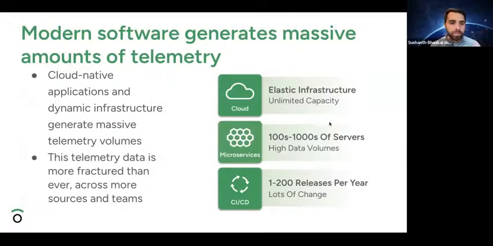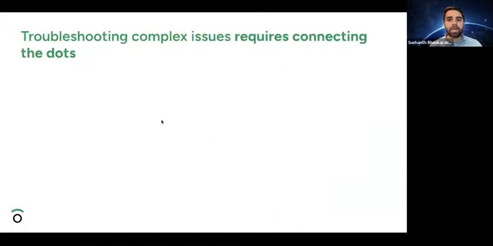And a challenge we hear from a lot of teams is that the telemetry data we need to be able to observe is more fractured than ever. It's fractured across different data sources, different teams. And this is one of the problems that Observe was originally founded to tackle. We also know that troubleshooting complex issues requires connecting the dots.